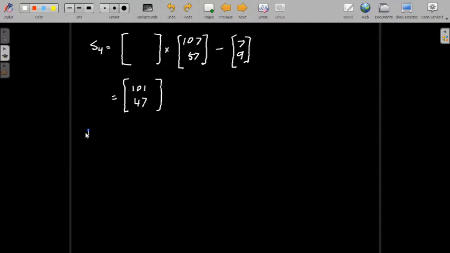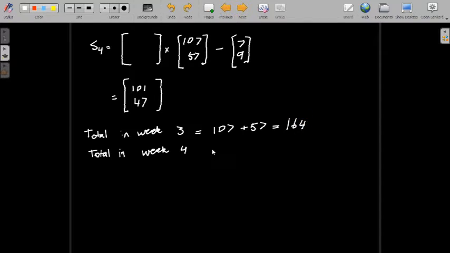Then we just need to work out, well, we've got a total in week 3 and total in week 4. So in week 3 we had 107 plus 57, so 164.